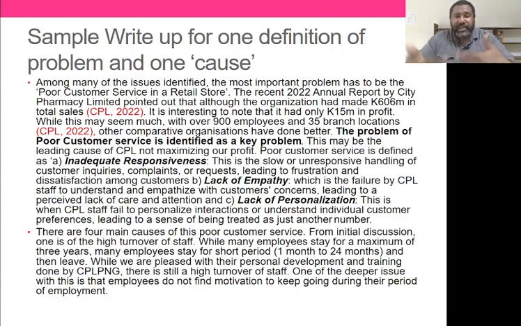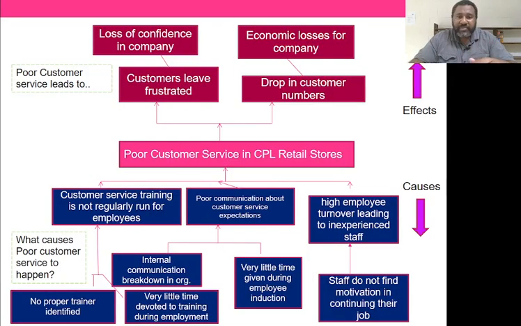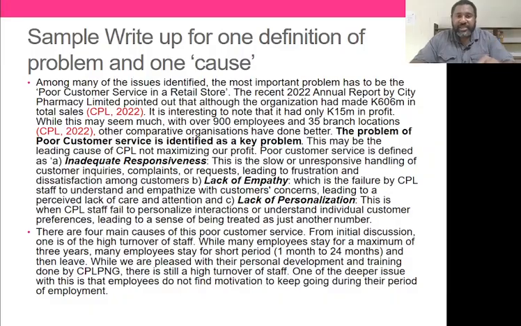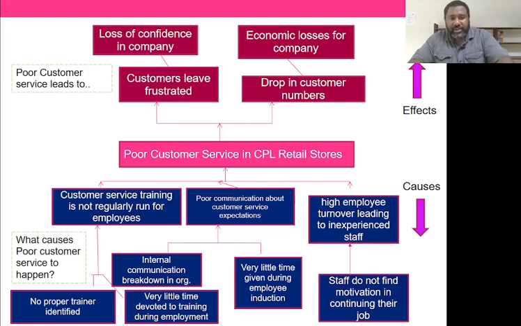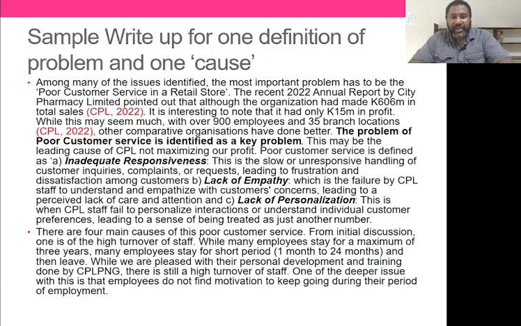When you're writing it up, this is the example I gave of CPL in the previous slide, and this is the actual write-up that I have done. If you read through, I've placed some references in there, and I've explained what the key problem is, and I've listed just one of the causes here.